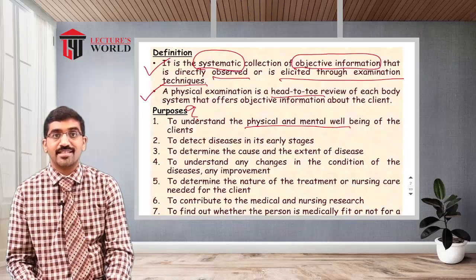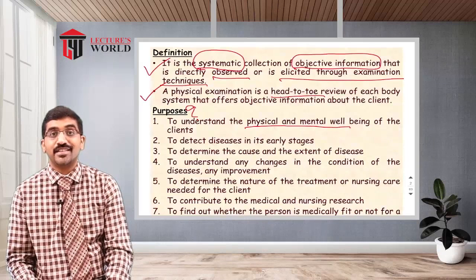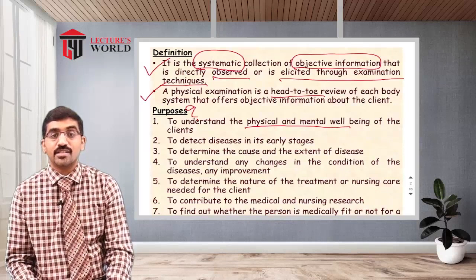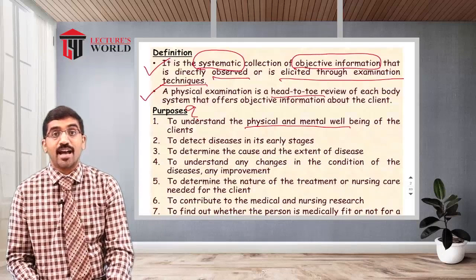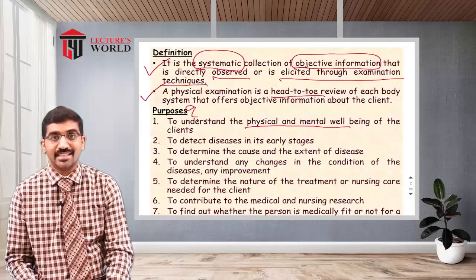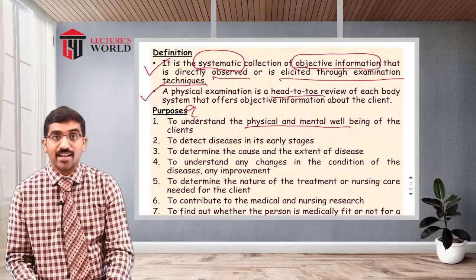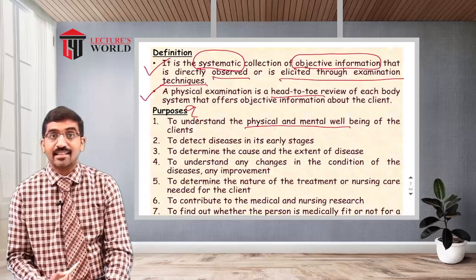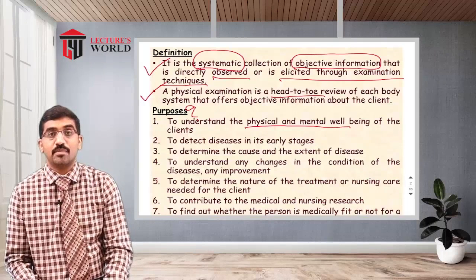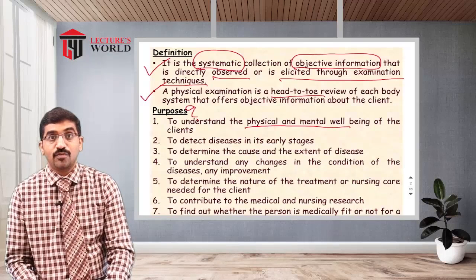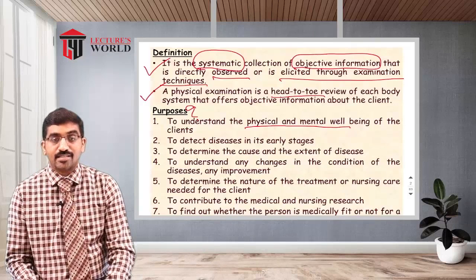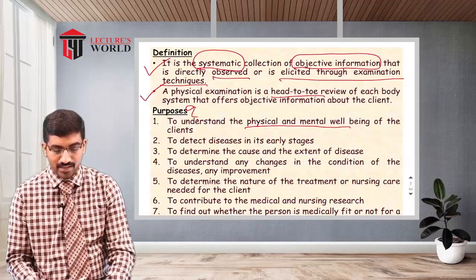The World Health Organization has defined health as a state of complete physical, mental, social, emotional, spiritual and sexual well-being, and not merely the absence of any disease or infirmity. So we take care of the mental part as well as the physical. But in this health assessment chapter, we are mainly going to see the physical aspect of the person, because the mental aspect is seen in the mental status examination, which you will learn in psychiatric nursing in your 3rd year. So let us focus mainly on physical assessment.